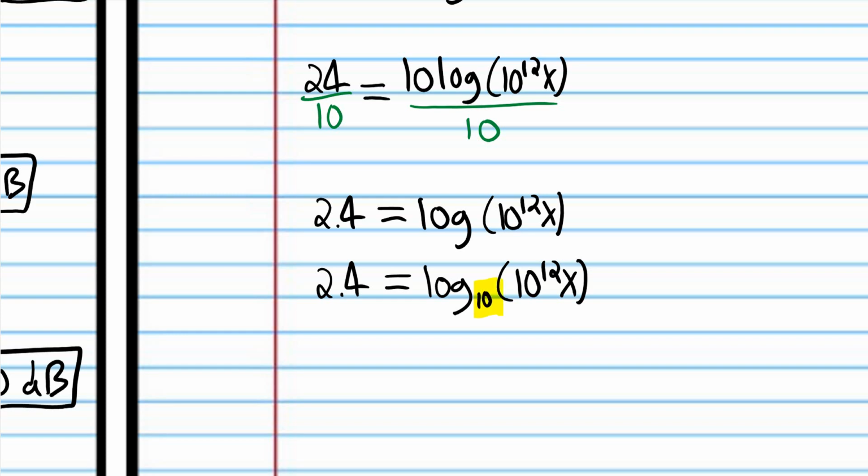Now you might think, well, these bases are the same, so we can just make this entire logarithm equal to 12. But the problem is we have an x next to this exponential expression, so we can't do that.